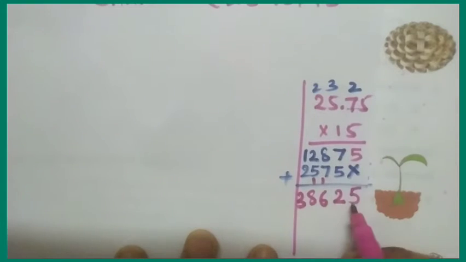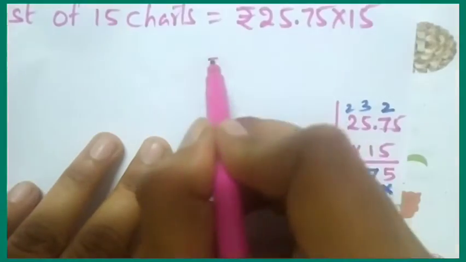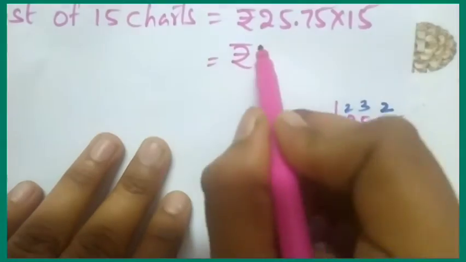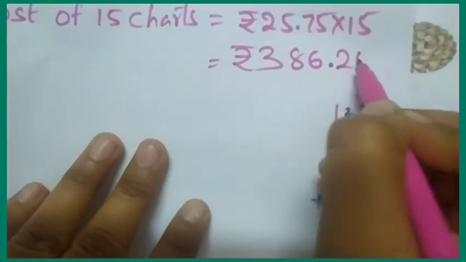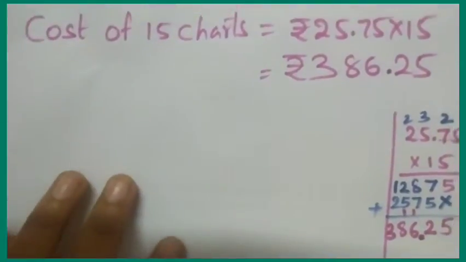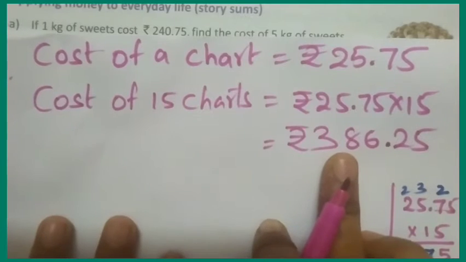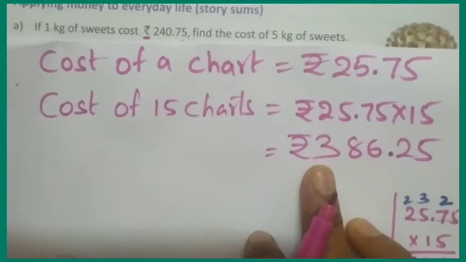After 2 digits we have to keep the point here. Therefore we got 386.25. Okay, 25 paise. Okay, this is the total cost of 15 charts.